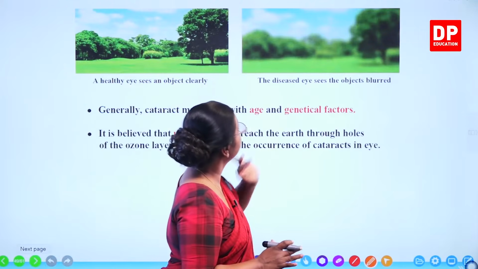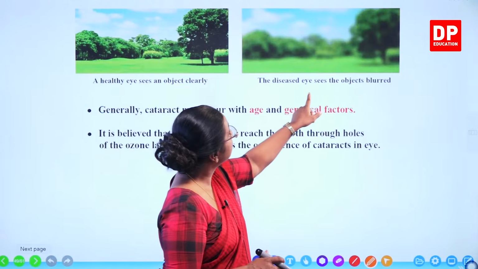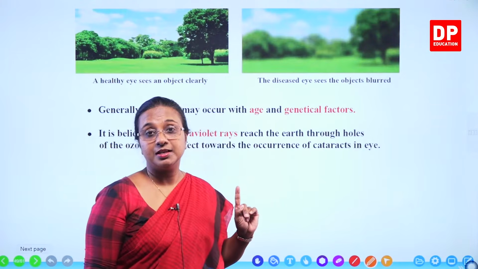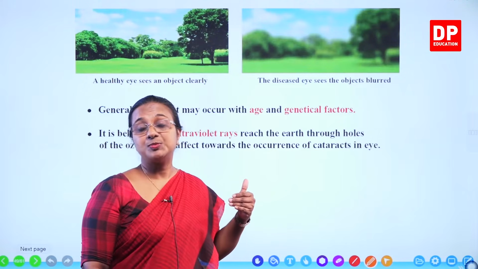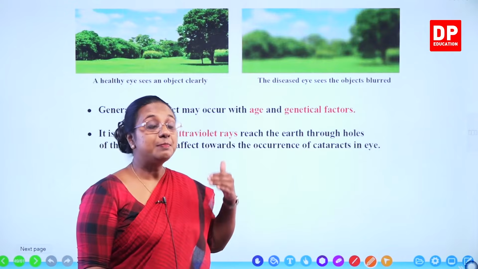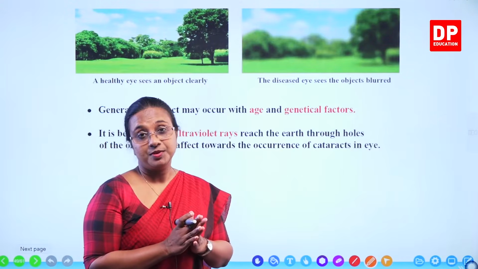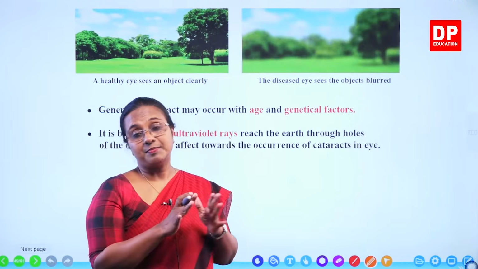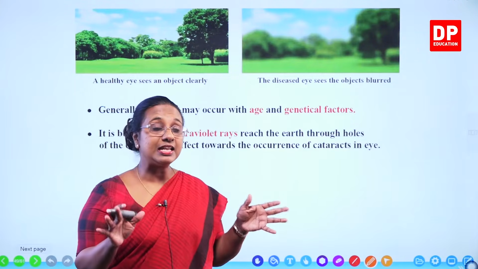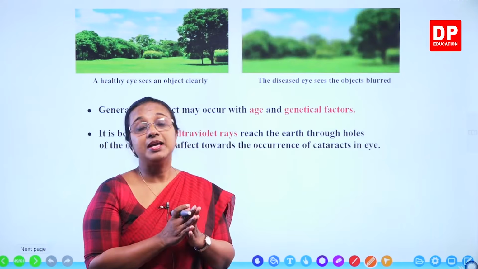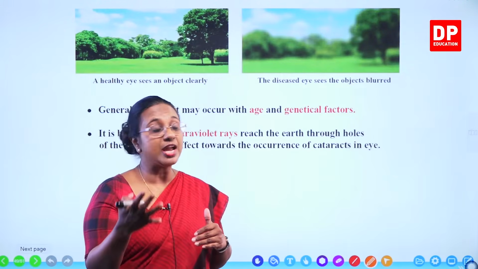But look at the second diagram. The diseased eye sees the objects blurred. Because the transparency has reduced, the person sees the image in a blurred manner. They know that there is something in front of them, but they can't really see a sharp image. They cannot see the object clearly.